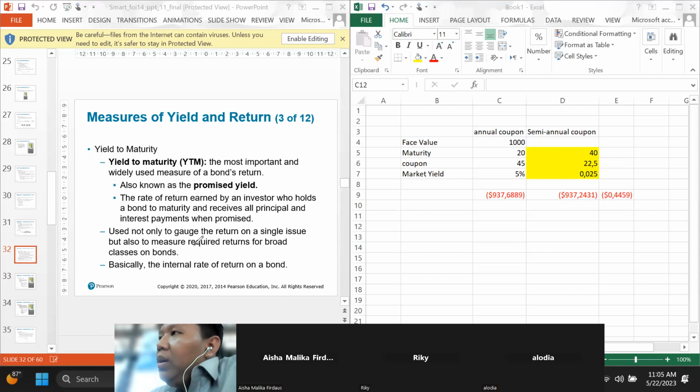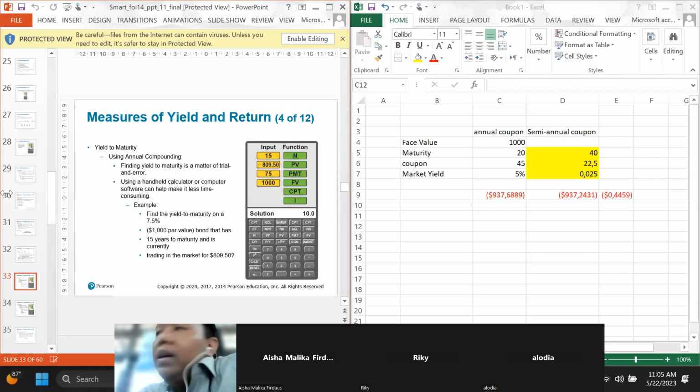Usually the bond with higher yield to maturity is more interesting. It will attract the attention of investors. Okay. So now we will learn how to calculate the yield to maturity. We can use the function in Excel to help us.